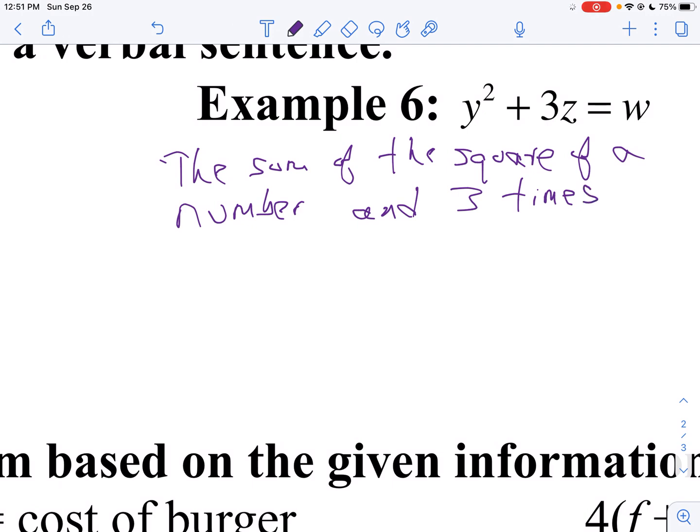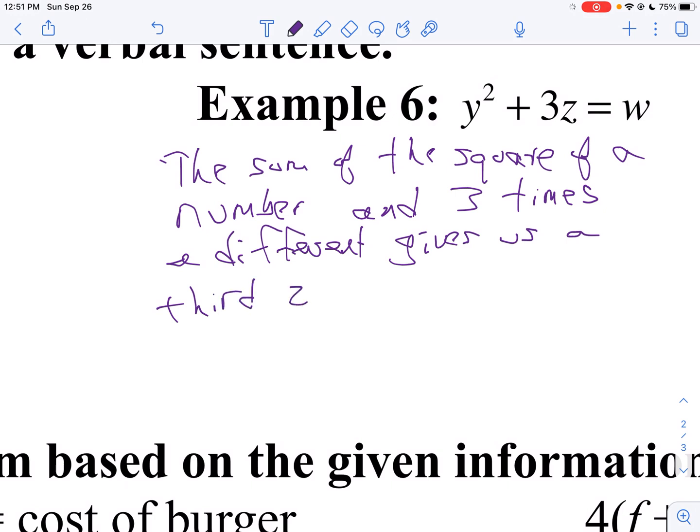So I've got y and z. If I don't want to use the words y and z in my sentence, I don't have to. I'm going to say 3 times a different number gives us, which is equal, gives us a third number. So we know we're going to use different letters here. Now, could you have used Y, Z, and W in your sentence? Sure, you could have. There's nothing wrong with doing it that way either. That's what we do on a problem like that.